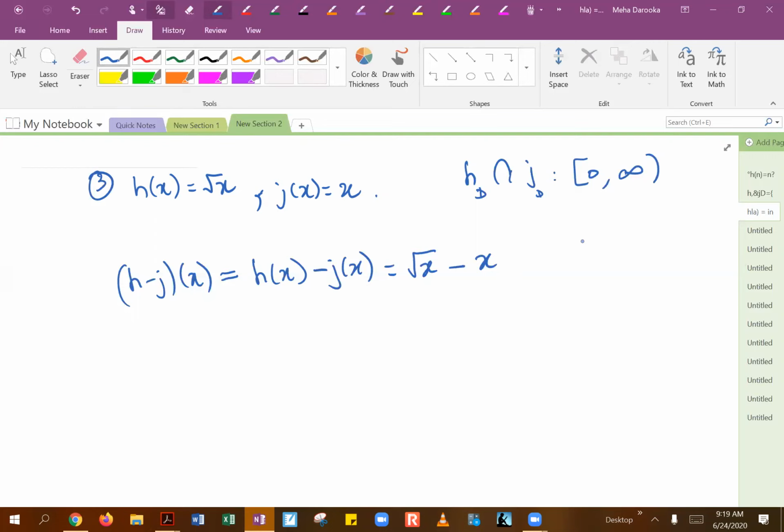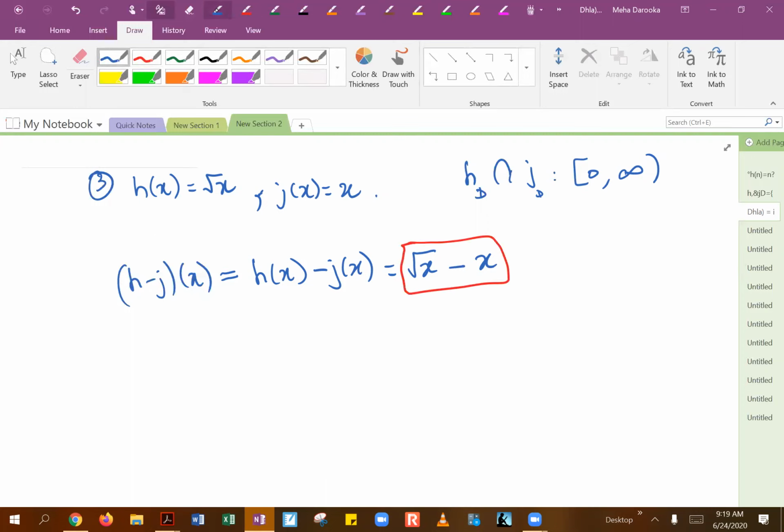Because you've got square root of x minus x. Yeah, Julian, you basically do have to leave it as it is. Evelyn, very good. There's really nothing much we can do. This is not an equation. This is just one side of your function. It's not like we can move anything to the other side or simplify. So this becomes what your h minus j function looks like.